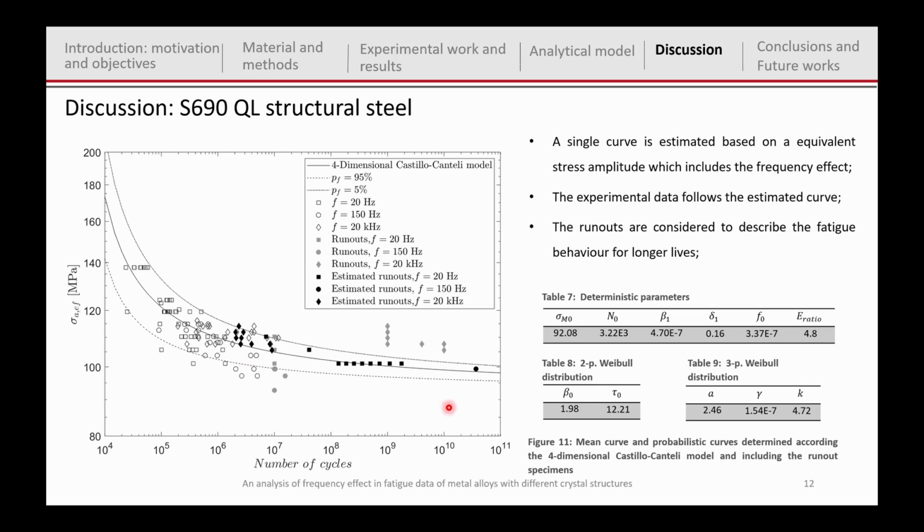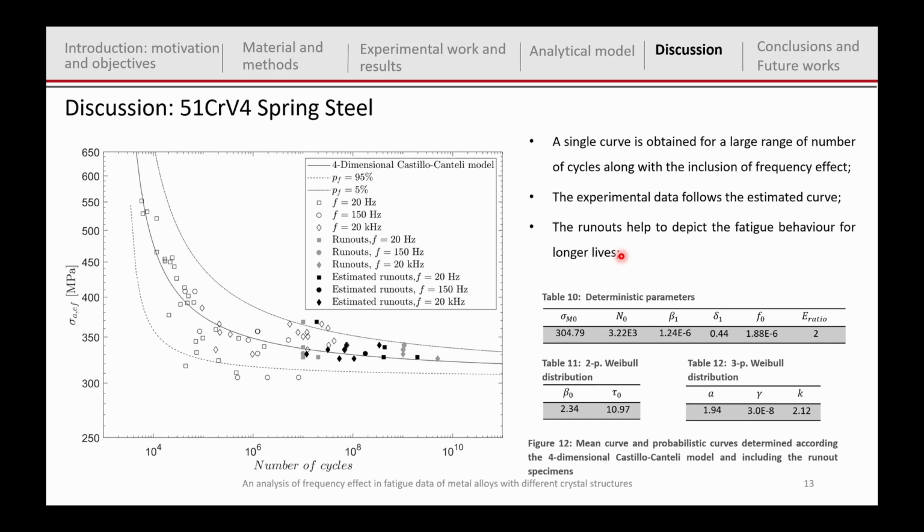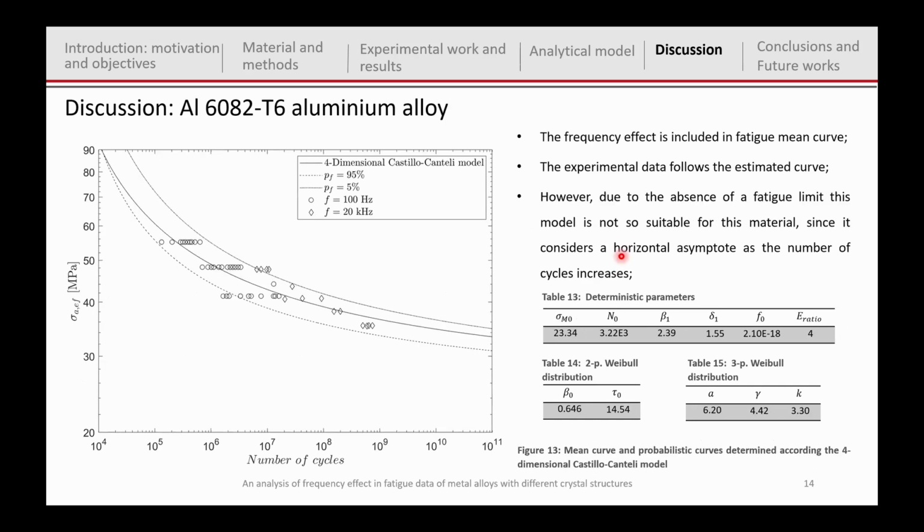Besides that, we could use the runouts information, and we obtained this for the structural steel. For the spring steel, it also worked very well because we have our experimental data that can follow only a single mean curve. And finally, for the aluminum alloy, the results were quite good.